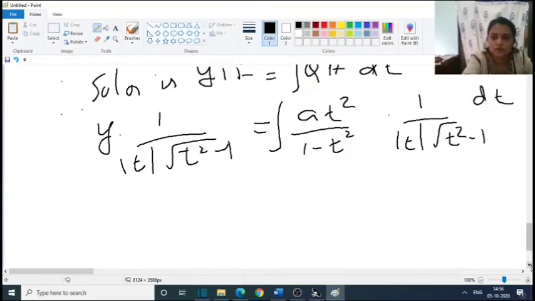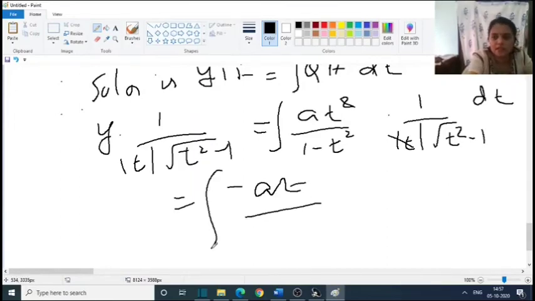So this we could cancel one time. If we take the negative from this side, this becomes the integral of minus 8t by 1 minus t square into t square minus 1. I took the negative of that, so t square minus 1 raised to 3 by 2 dt.